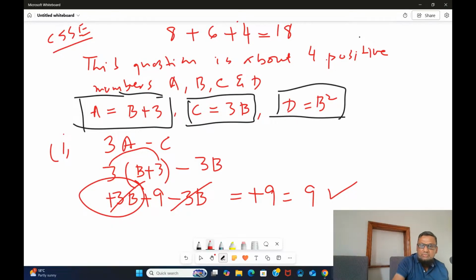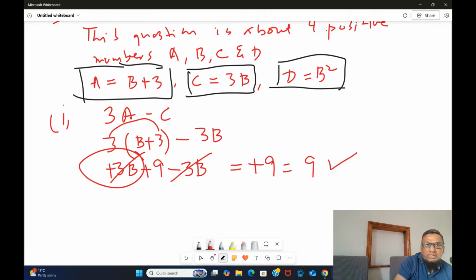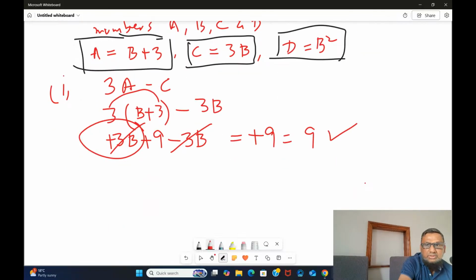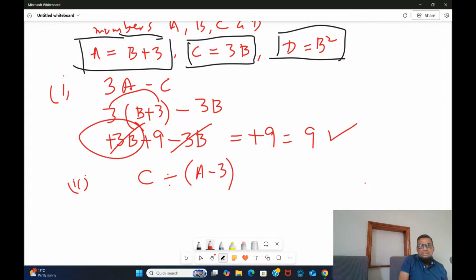So now we're going to move forward to part 2. Part 2 says c divided by a minus 3. So c divided by the bracket a minus 3. You need to put in the value 3b.